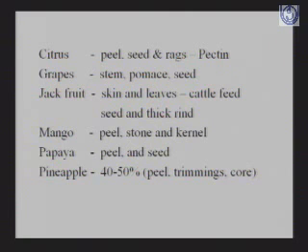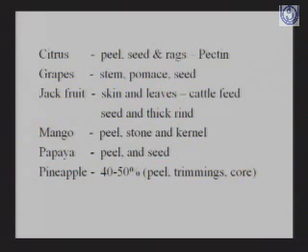Jackfruit gives skin, leaves for cattle feed, seed and thick cream. Mango gives peel, stone and kernel. Papaya gives peel and seed. In pineapple, 40 to 50% waste comprises peel, trimmings and cores. This waste goes as animal feed or compost.